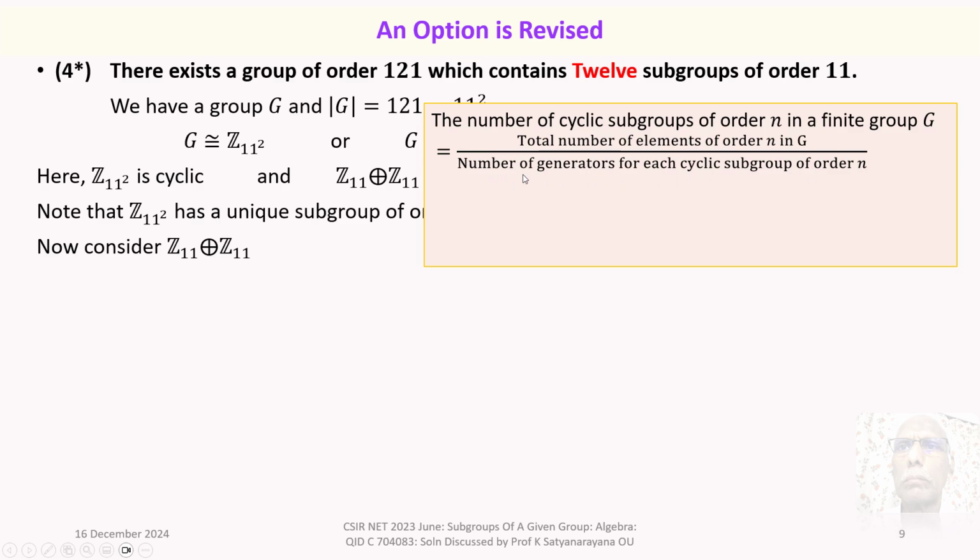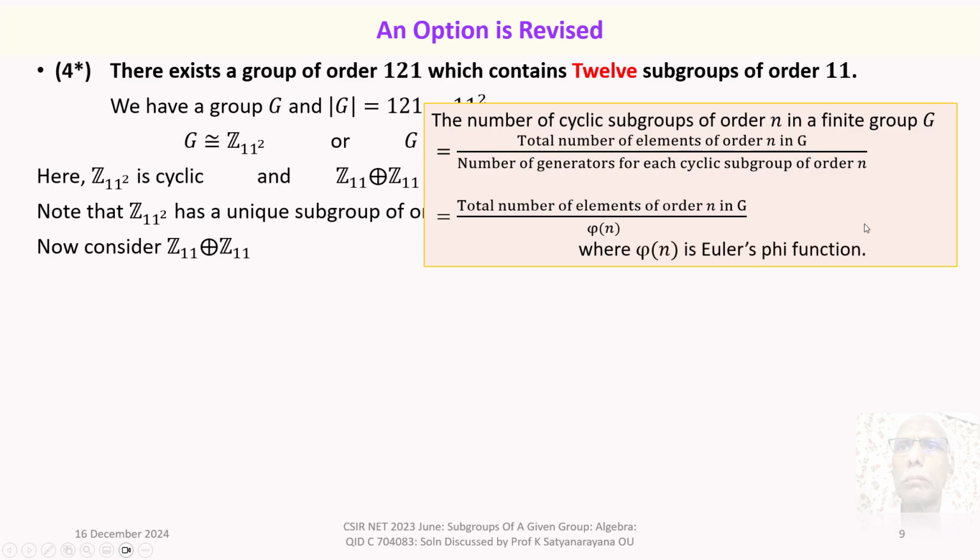The denominator, I think we know, will be phi of n, where phi is the Euler's phi function. Agreed.